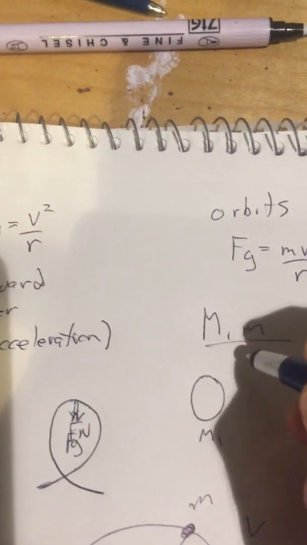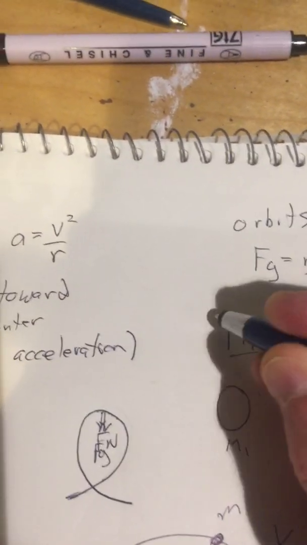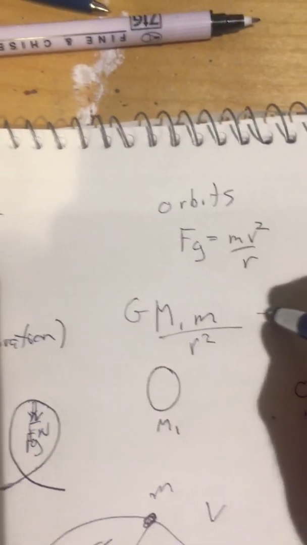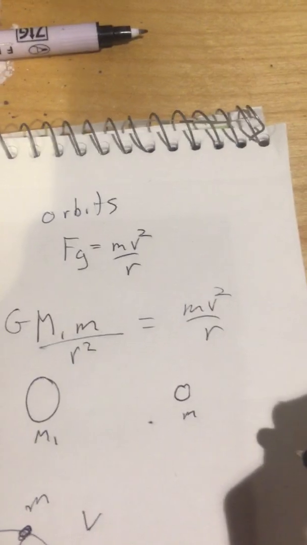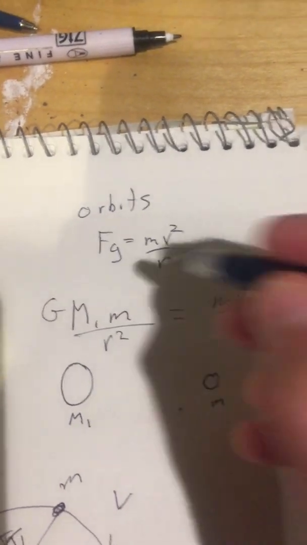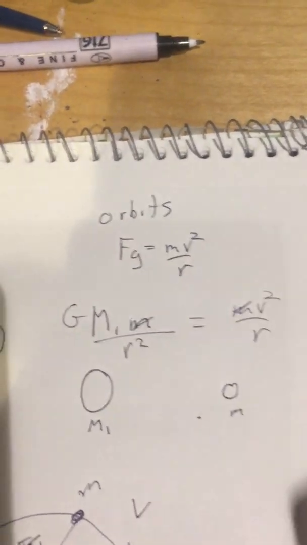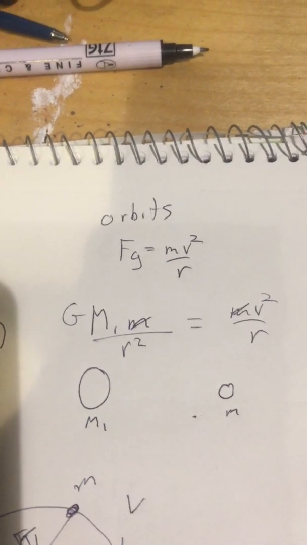But m1 times m divided by r squared times this constant G, that's equal to mv squared over r. And then we got rid of this little mass. Little mass didn't affect the orbiting of the object.